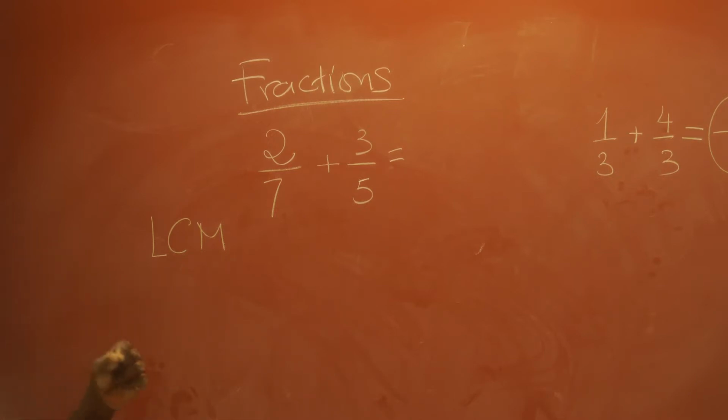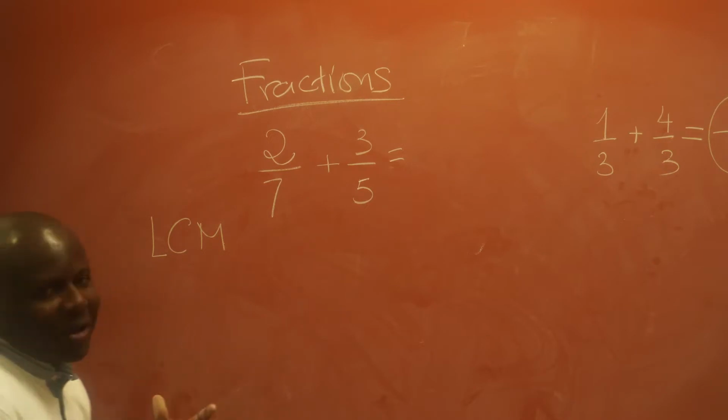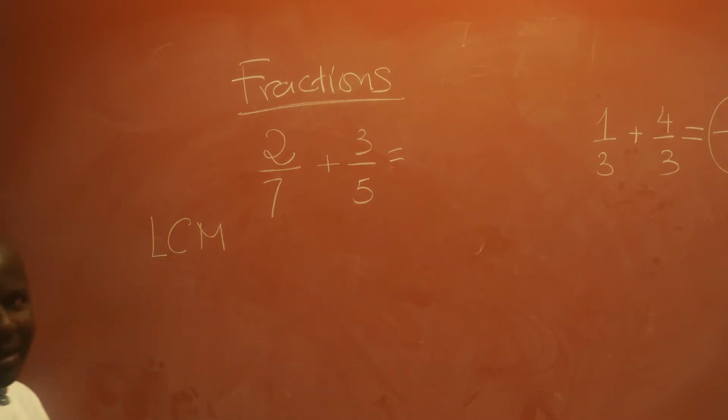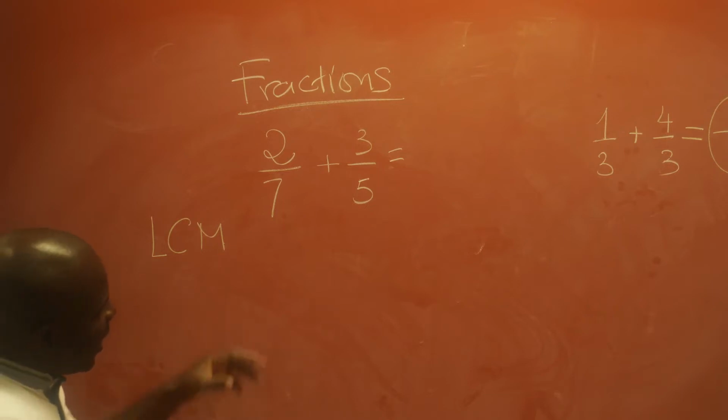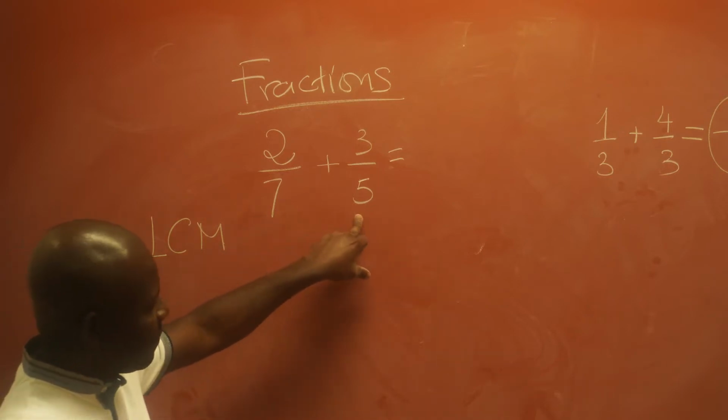It could be 1 or more than 1, but we are looking for the lowest. That lowest we're going to use. We have different methods to find these multiples, but I will use the short method. That short method is what? Having 7 and having 5. You see?